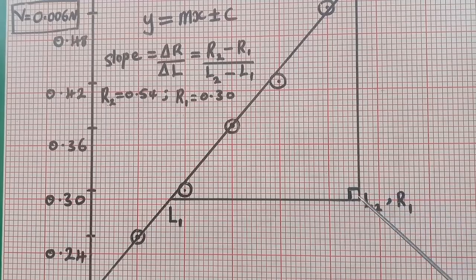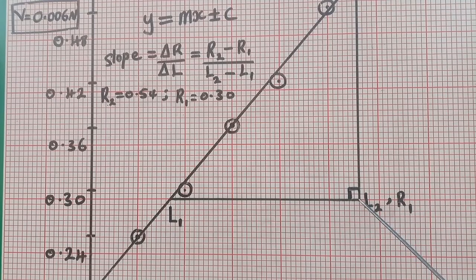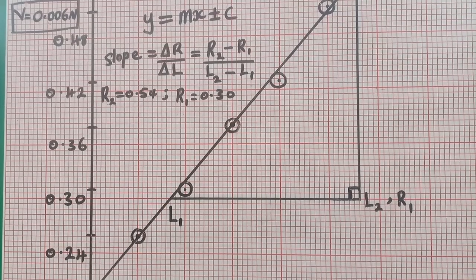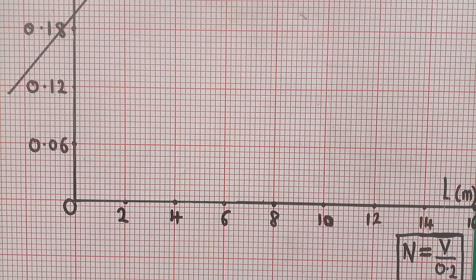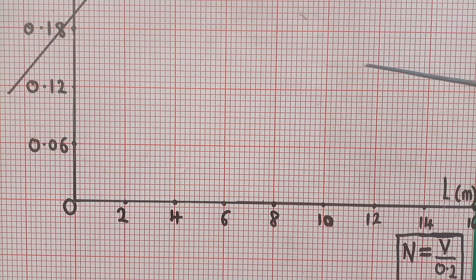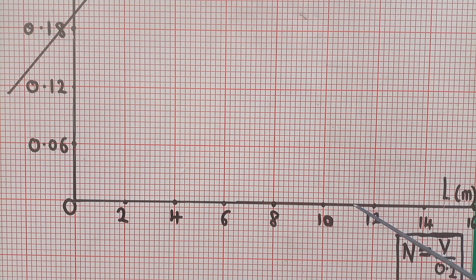To find the value of L2, trace it down along this line until we see what it is on the L axis. Let us see it. Going down, that meets the L axis at this point.